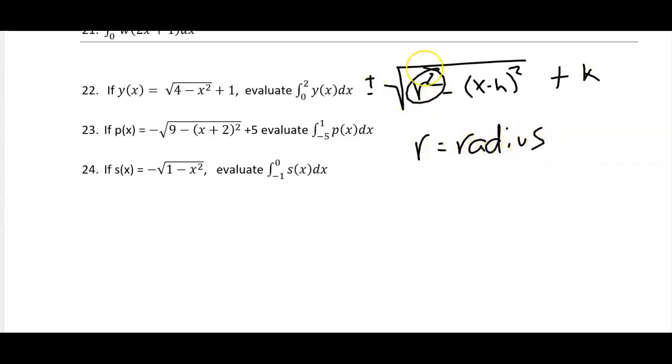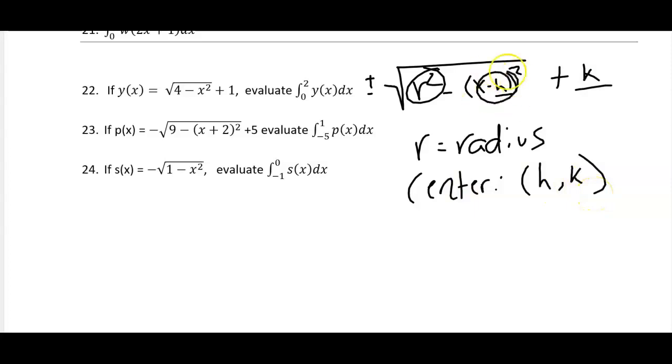So whatever number's right here, you have to take the square root of it, and that'll tell you your radius. The center of our circle will be this number and this number. Got to remember, though, that the h will always be opposite sign from what it is in the equation. So up here, like I have a -h, so here it's positive. That's not true for the k. The k is what it is. So if it's positive, it's positive. If it's negative, it's negative.